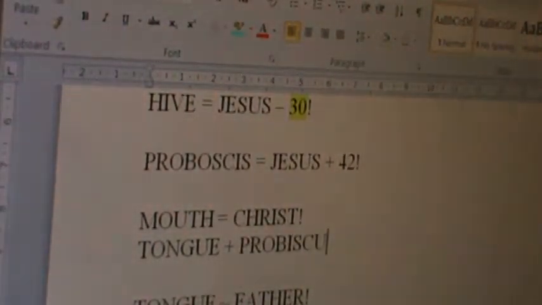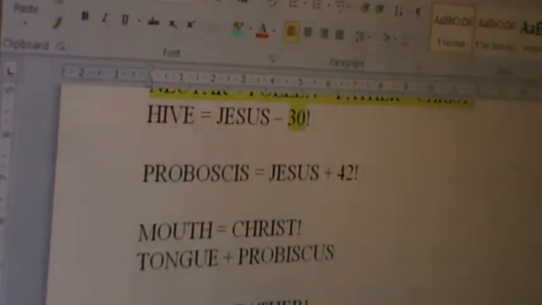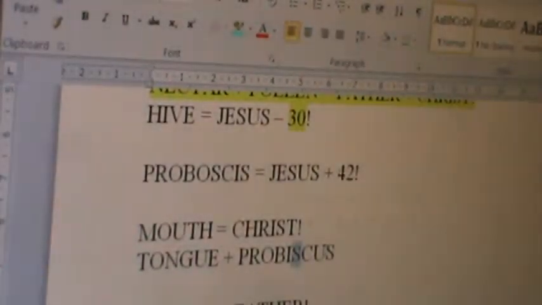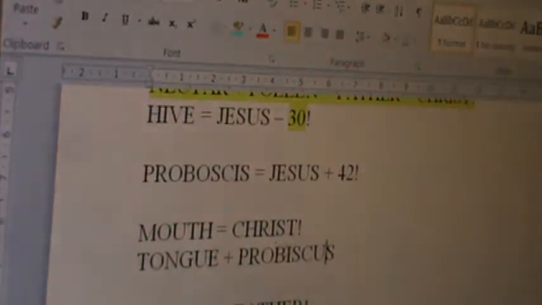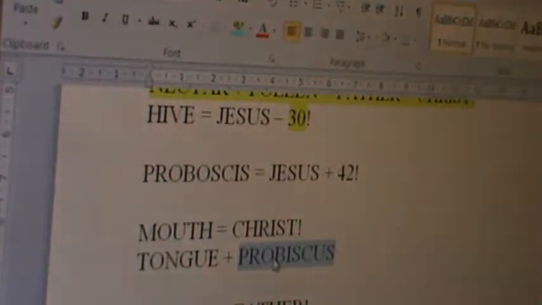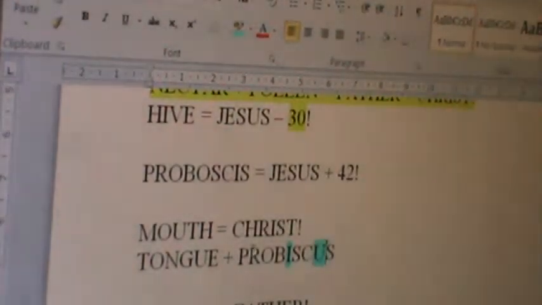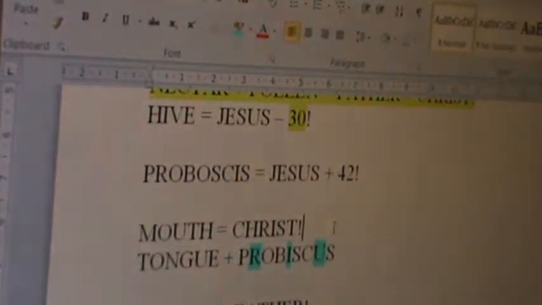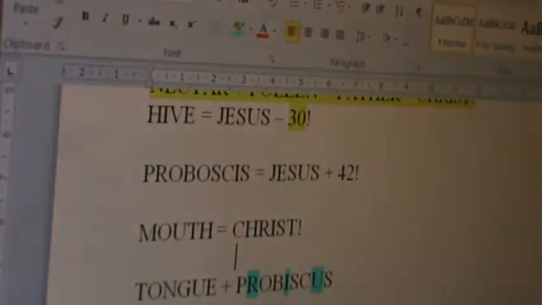Proboscis is flawless for Jesus. The J parallels the P, the S's parallel the S's, these divide by 3, the B parallels the E, and everything else divides by 3. This is Jesus plus 48, Son. Very glaring. And you can pop off that 48 by popping off these symmetrical letters. Amazing. So look at how proboscis goes to Jesus flawlessly.